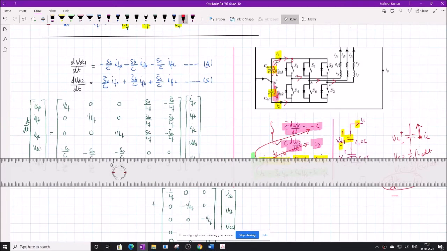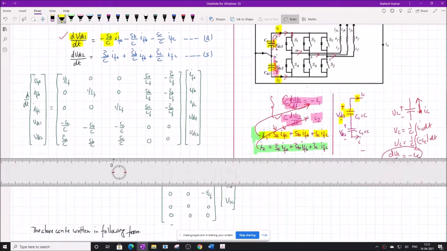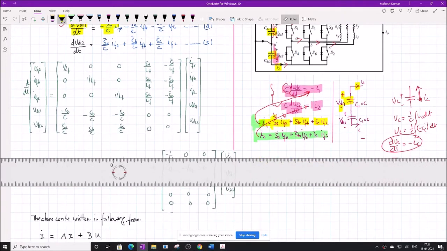Okay, we will take C in the denominator, so it becomes dVDC1 by dt equal to minus I1 by C, and I1 we already know. So therefore we have this equation, dVDC1 by dt equal to minus SA by C, because the minus sign is coming from here, minus this one.